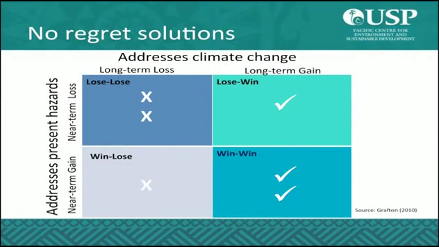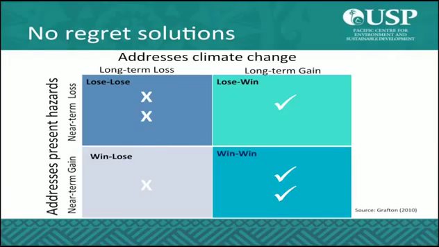What is extremely important is that we focus on no-regret solutions. As I mentioned before, it is important when we talk about resilience to focus on the present threats and on the future threats. So basically, you need to focus on win-win solutions.